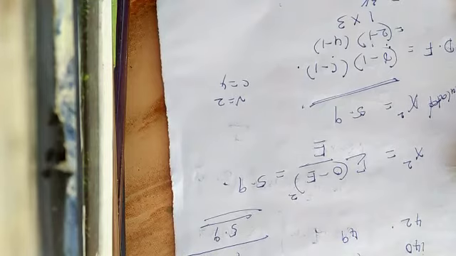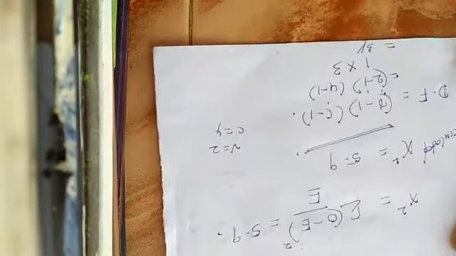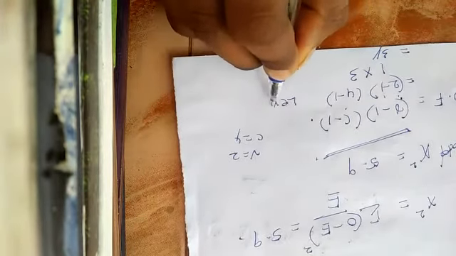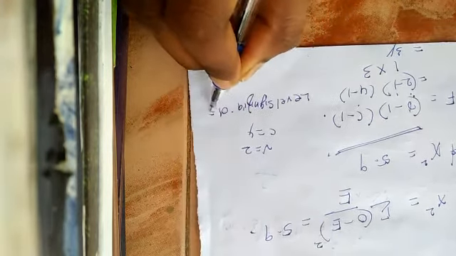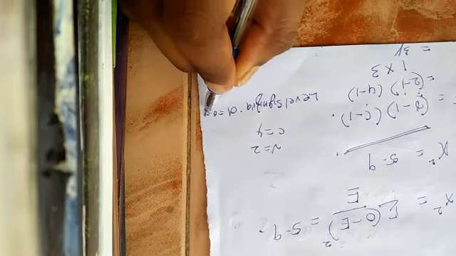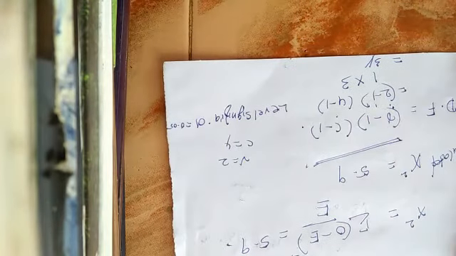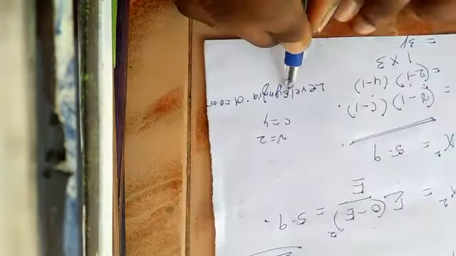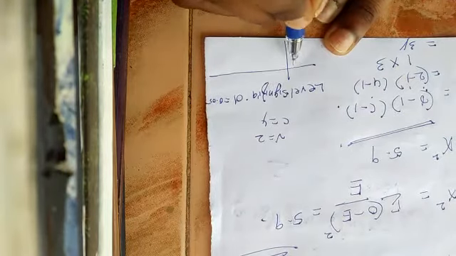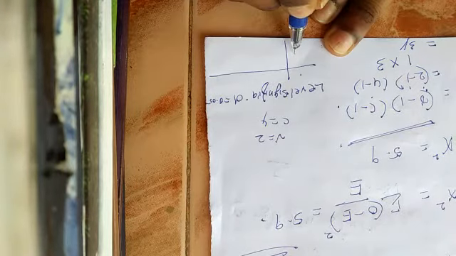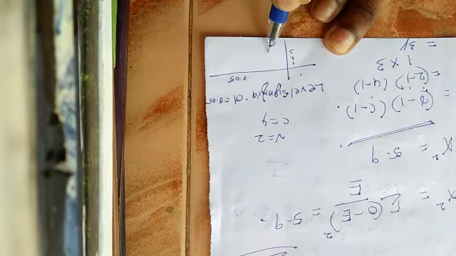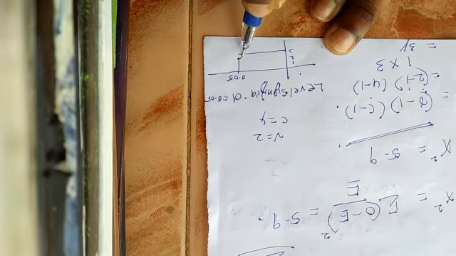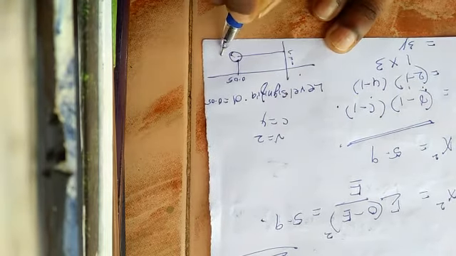Here the level of significance was not given, so you take the level of significance alpha equal to 0.05. In the chi-square table, for degrees of freedom 3 and level of significance 0.05, you go to the value.